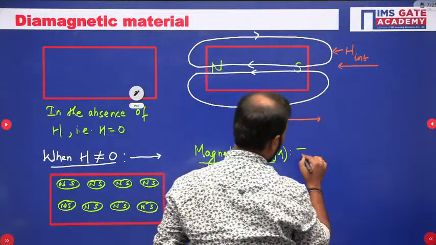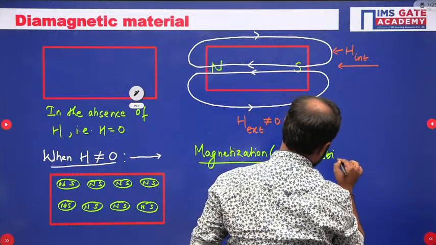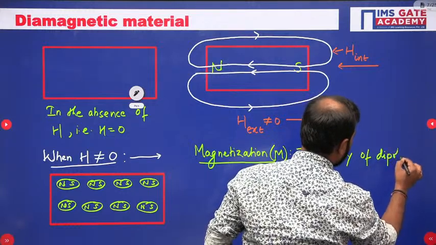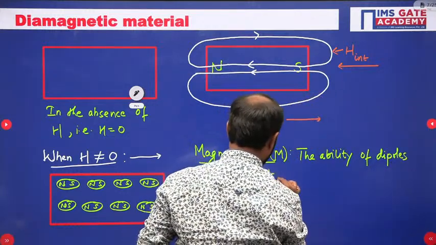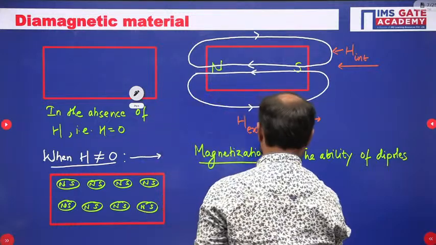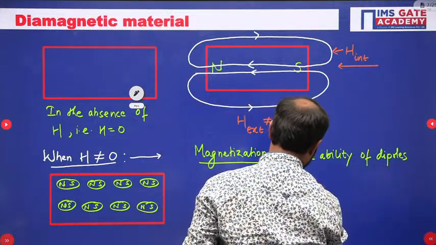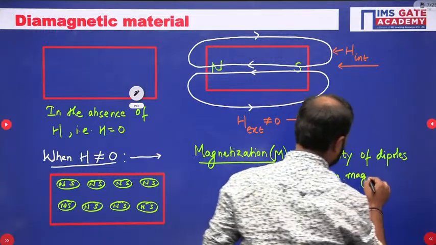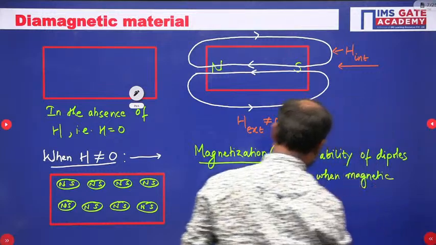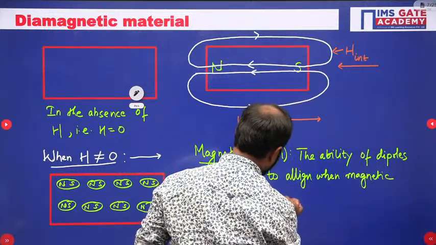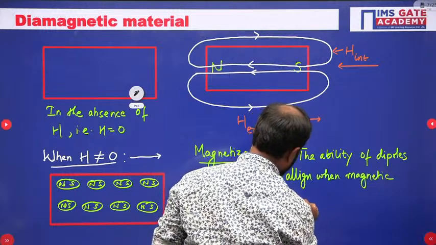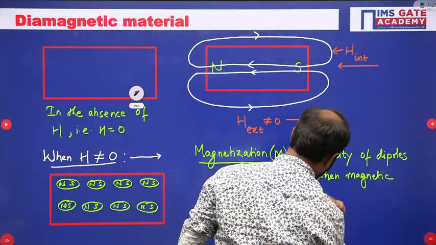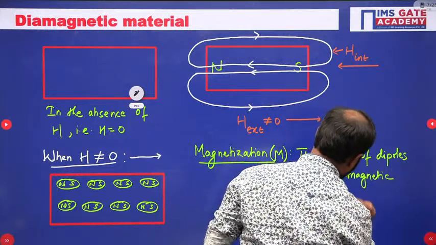See the definition: the ability of dipoles to align when magnetic field intensity or force, you can say, H is applied.